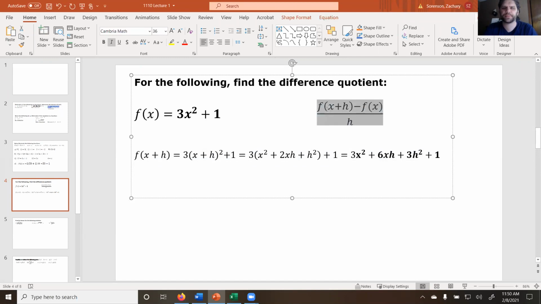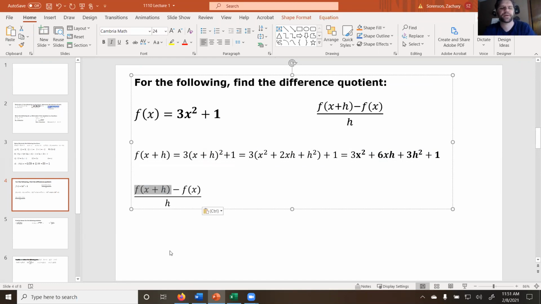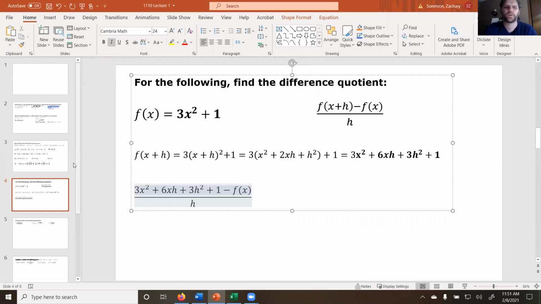So I take this equation. My f of x plus h is what I just found. That's always your first step. Find your f of x plus h. It's this guy. So I replace this. 3x squared plus 6xh plus 3h squared plus 1. I know what my f of x is.